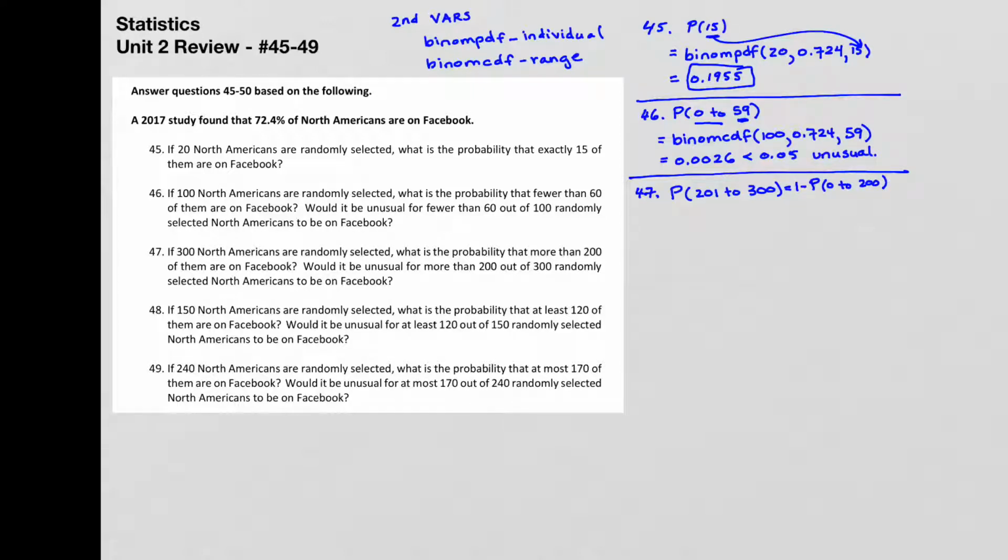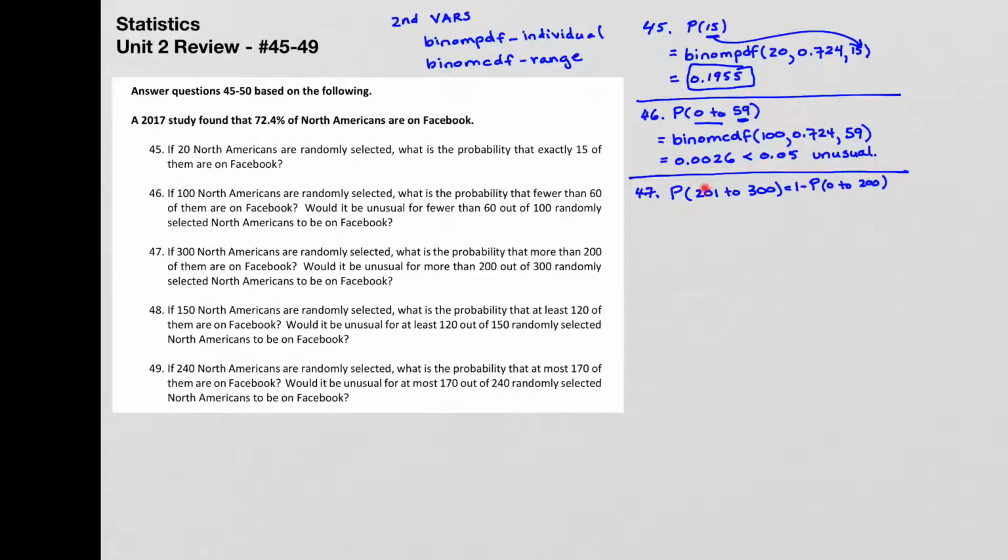Notice that we were starting at 201 here, and what I want to do is find what is basically the other group. This would be 201 successes all the way up to 300, and the other group of possibilities would be anywhere from 0 to 200.